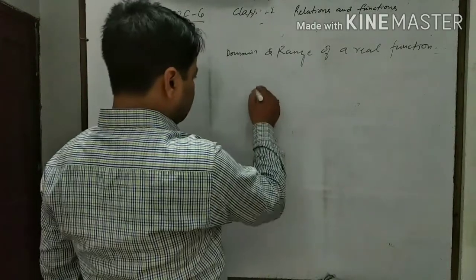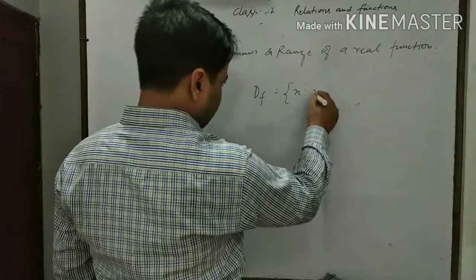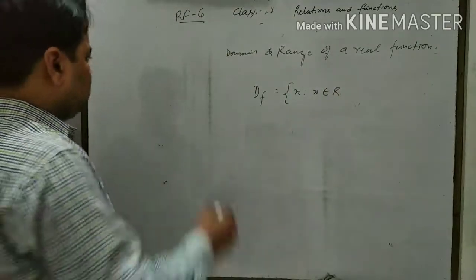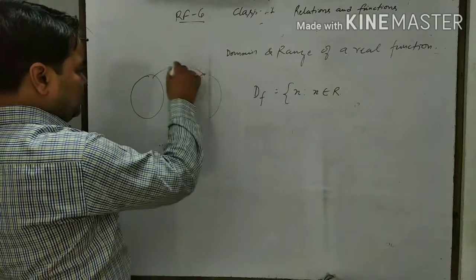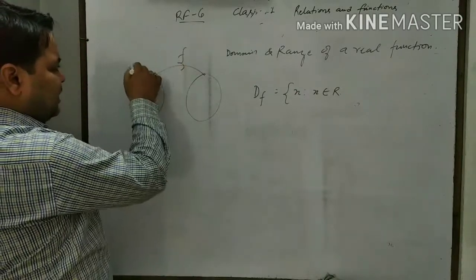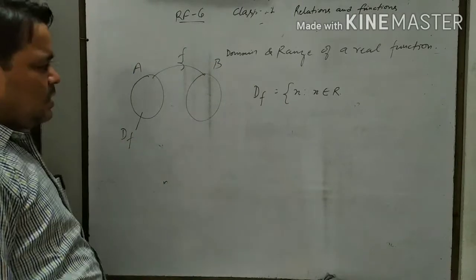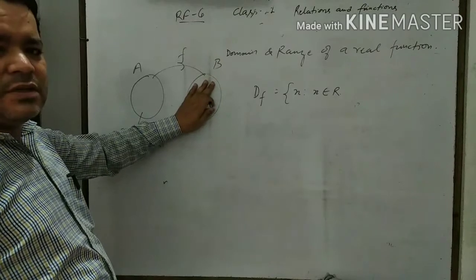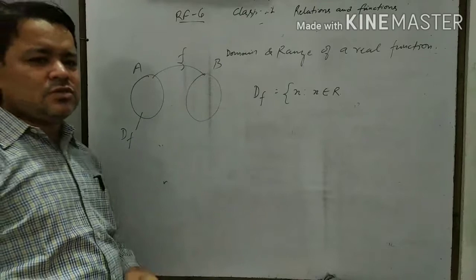The domain of the function is defined as x such that x belongs to real numbers. What is this? Here, through a machine, set A, set B. This is called the domain of the function. Here this is the codomain of the function, and the range of the function is a subset of the codomain or may be equal to it also.